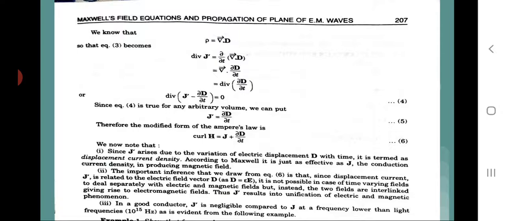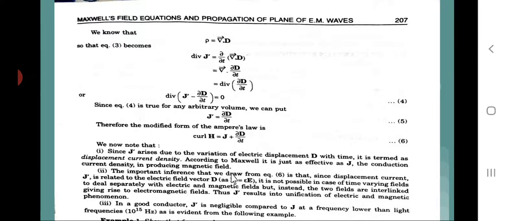Since equation 4 is true for any arbitrary volume, we can put J dash is equal to dou D by dou t. Therefore, the modified form of Ampere's law is curl of H is equal to J plus dou D by dou t.